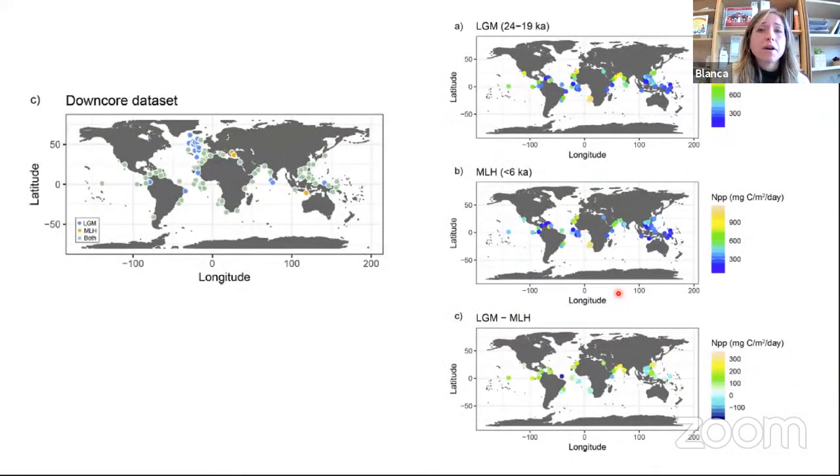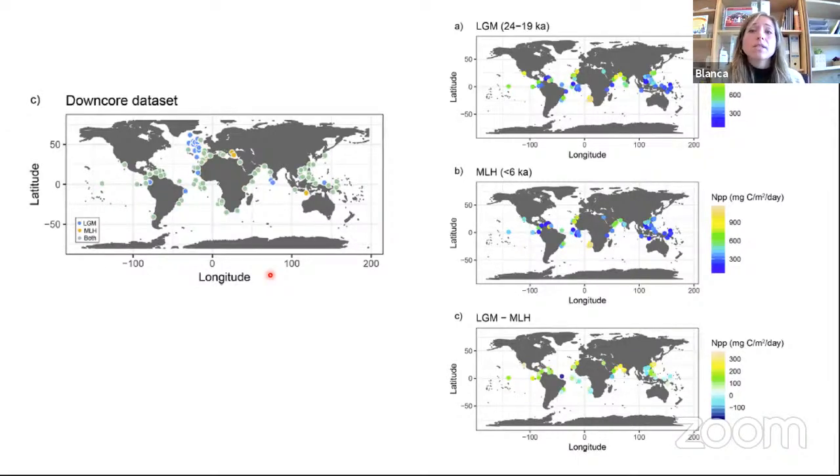Afterwards, we used Florisfera profunda abundances from 94 sediment cores covering the last glacial maximum, which is approximately 22 kilo years, but also some of them cover the mid to late Holocene period, which is the last 6,000 years.